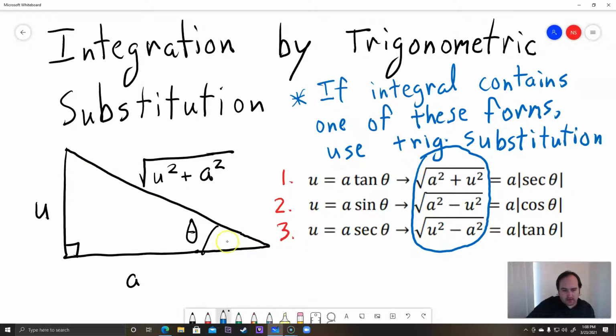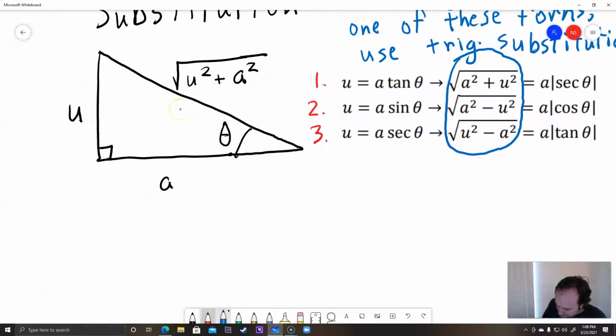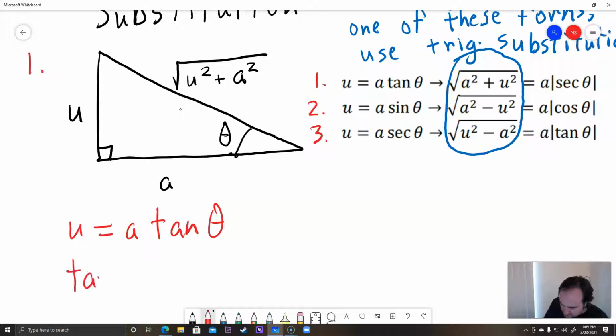Now this triangle that I drew here is an example of a right triangle. This one would actually be the one for number 1. So if you say u equals a tangent of theta, this is actually going to be triangle number 1 that I have drawn here. Okay, because if you think about it, if you have u equals a tangent of theta, then that means that tangent of theta actually equals u over a.